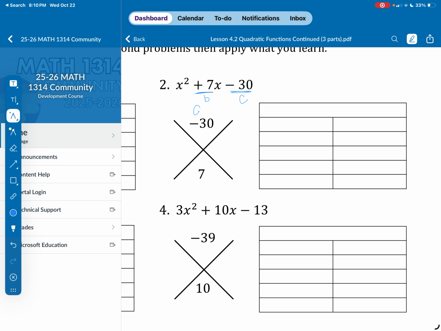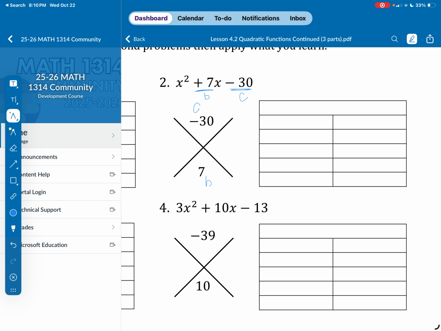Okay. So what we do with this little diamond X, whatever you want to call this kind of organization of it, is we're trying to multiply to give me negative 30. So over here in our little table that will later be transformed to a T-chart, we're going to have our negative 30. And so we're going to write out our factors of negative 30.